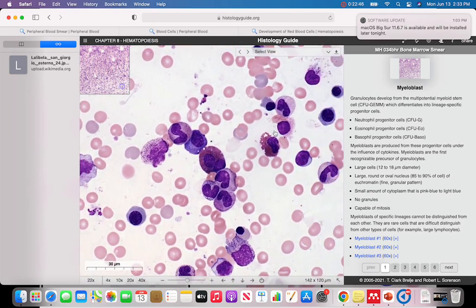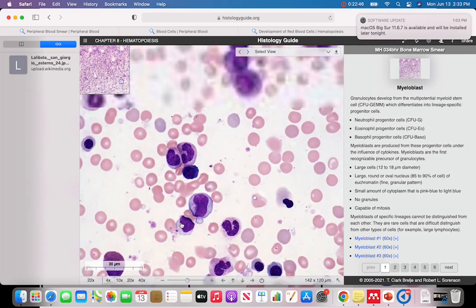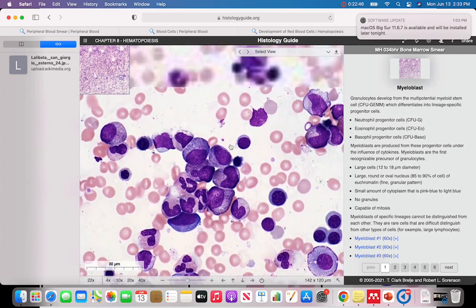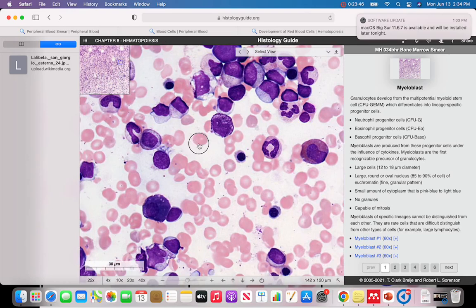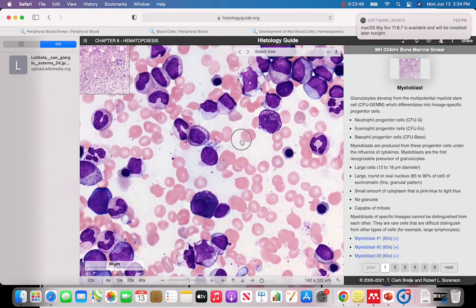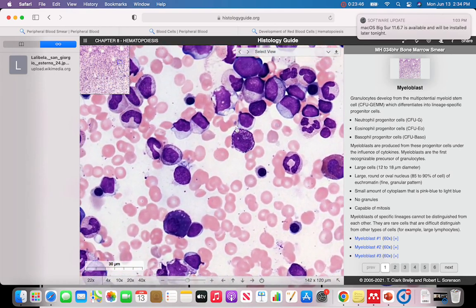So here we have an eosinophilic metamyelocyte. Here we have a basophilic metamyelocyte.